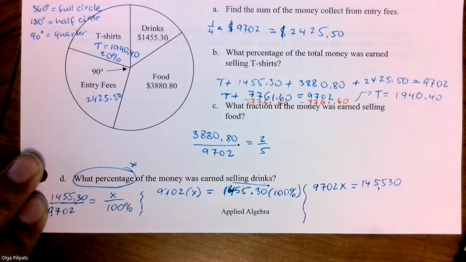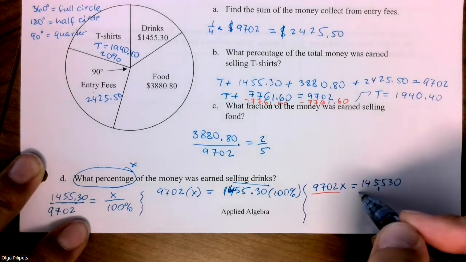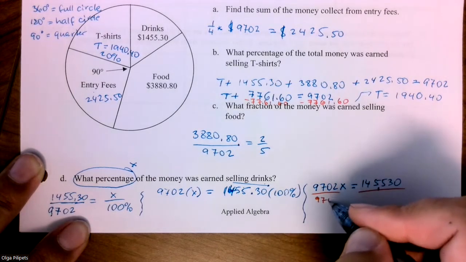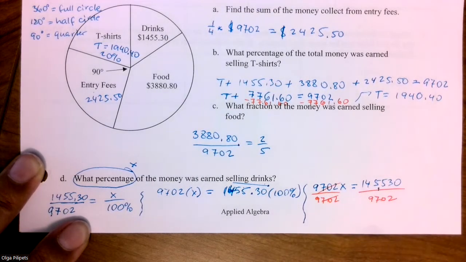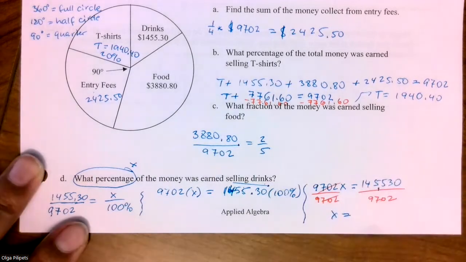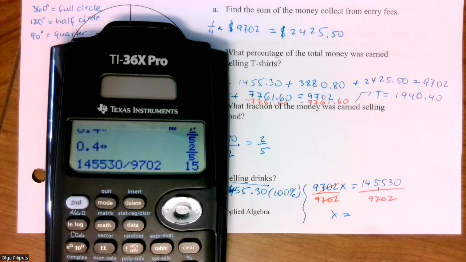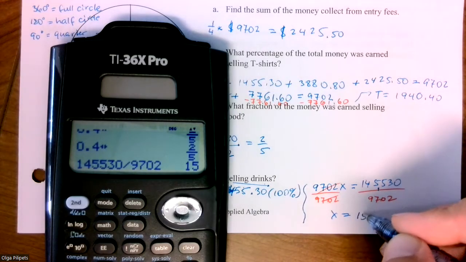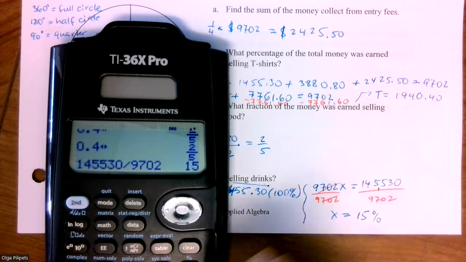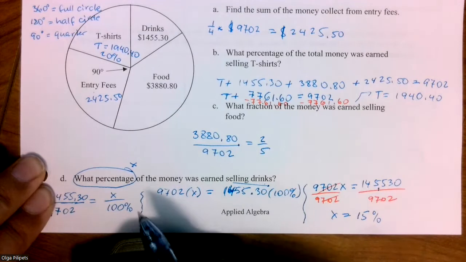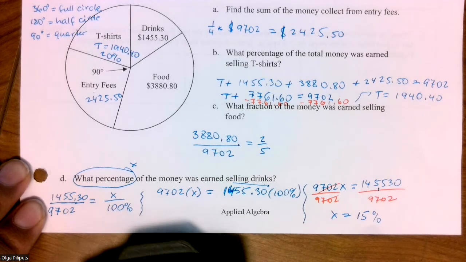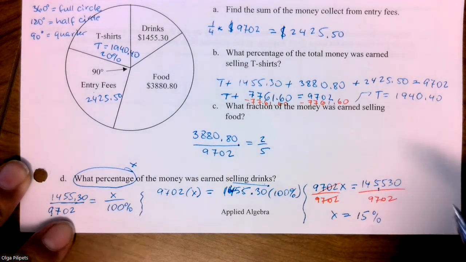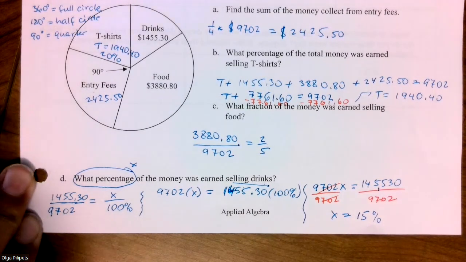Now I'm gonna divide both sides by the coefficient in front of the X. That will give me X equals 15. And that's percent, because the question is what percentage of money was earned selling drinks, and that's 15%. Okay, so that's it for question 18.